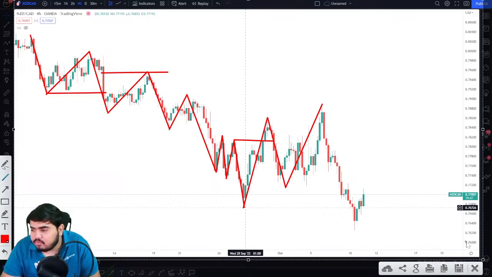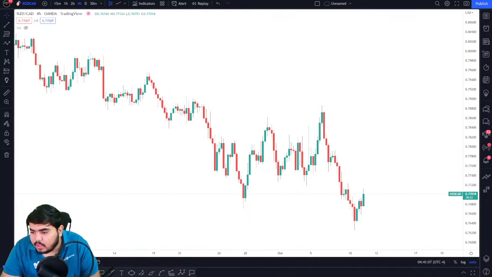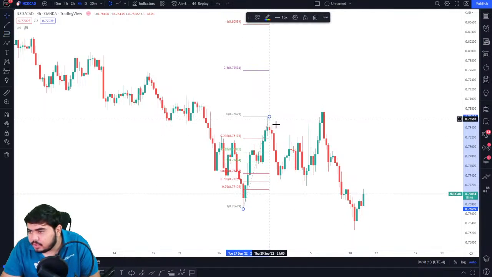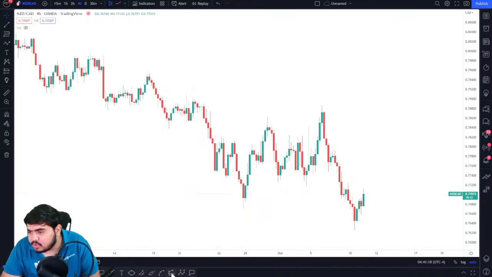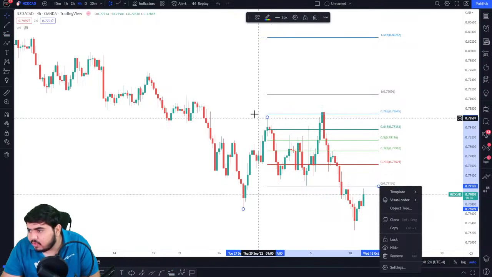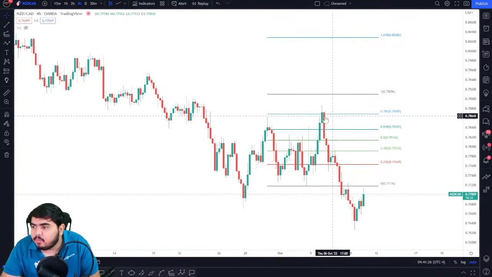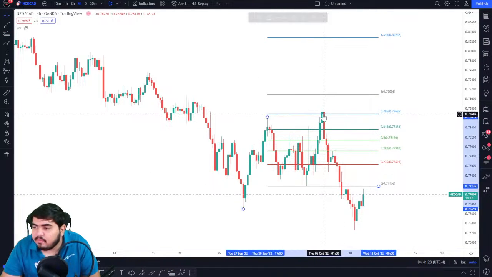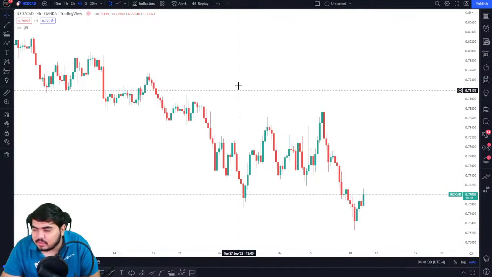Now, if we basically use the Fibonacci expansion tool at this point, let's say start from this point to this point. Now this is not expansion, this is expansion tool. So from this point, and if we make this area, we can see this was a 78.6 area of retracement. So a perfect example of an ABC correction.